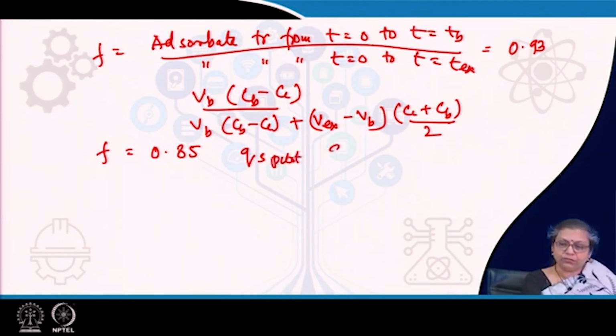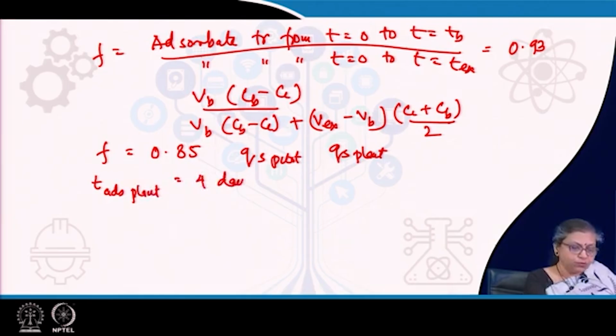We also find out the adsorbent loading in the actual plant. We assume that the time of adsorption is equal to 4 days, and in this particular way we proceed. Once we have found this out, we can find out the total bed volume.